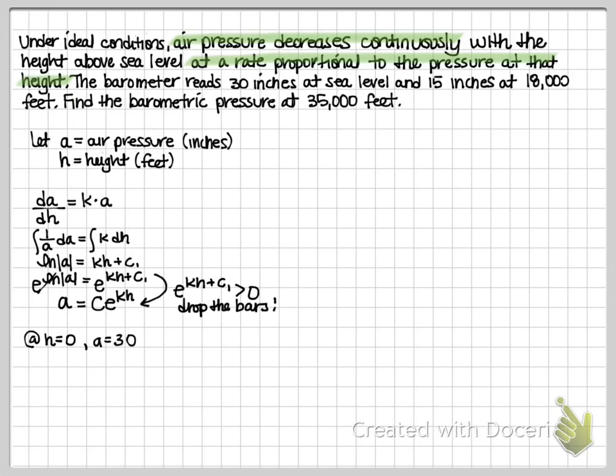All right, so if I plug this into my equation, I should be able to find C, which makes sense because it should be your starting point or your initial value.